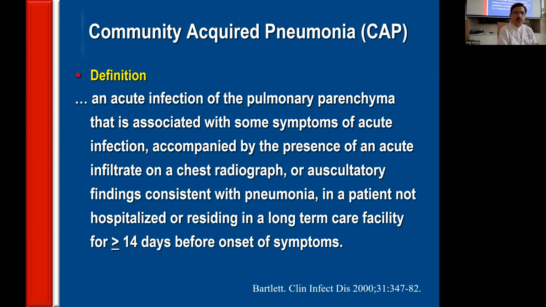This is to exclude all nosocomial pneumonia. So, important aspects: acute in onset, parenchymal involvement, lung infiltrate, chest radiograph positivity, auscultatory findings, and not hospitalized or in a care facility for over 2 weeks before the onset of symptoms. All are important.